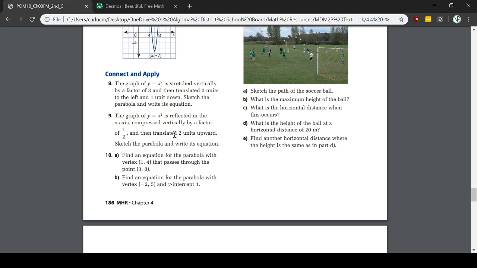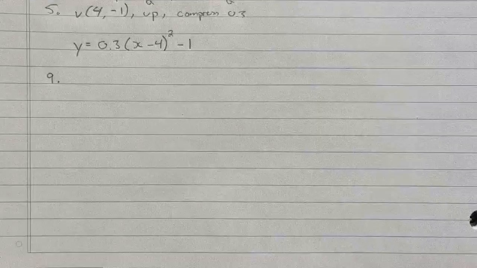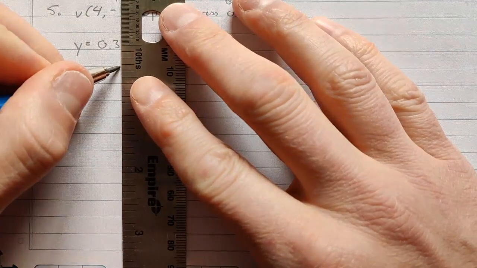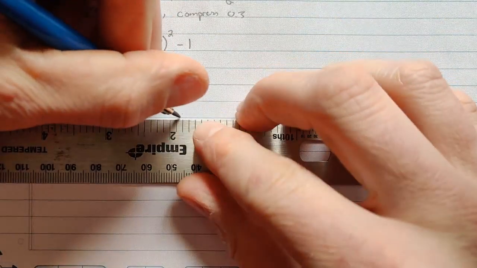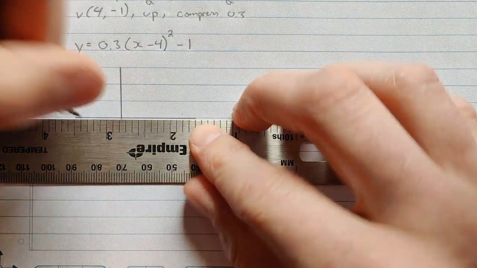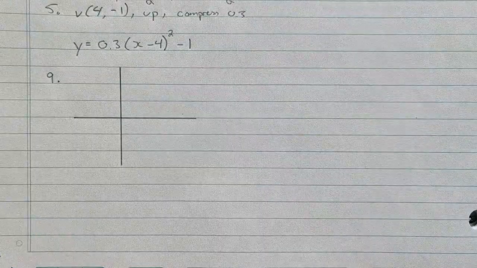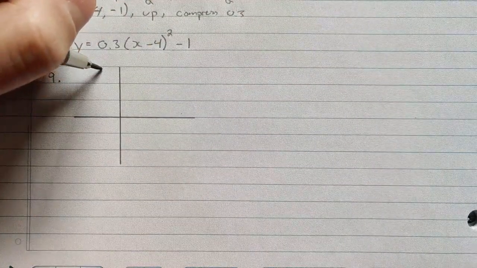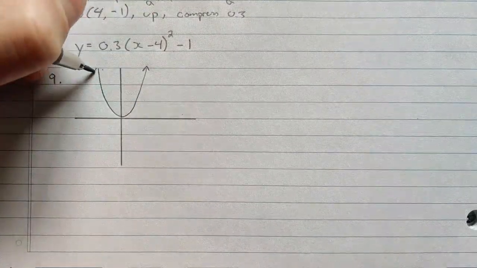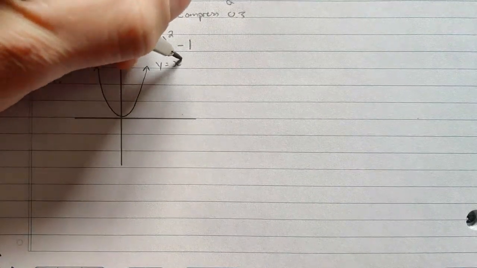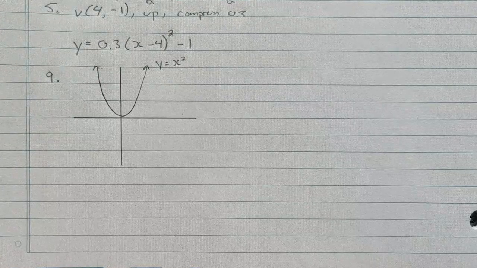So in this case here, we want to draw ourselves a quick little set of axes, and then I usually like to have that base parabola here. I usually like to just put a y equals x squared down just so I have a reference point.